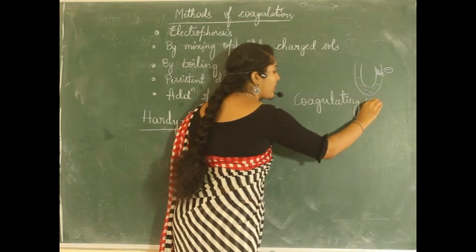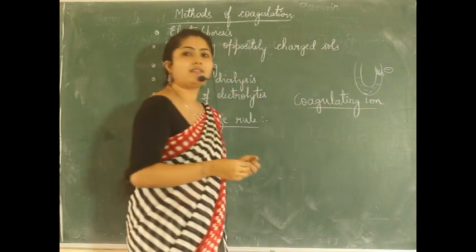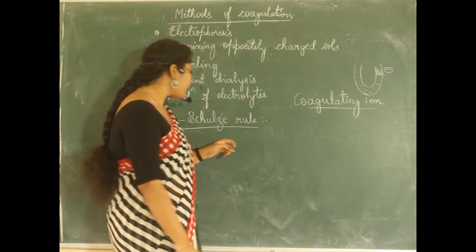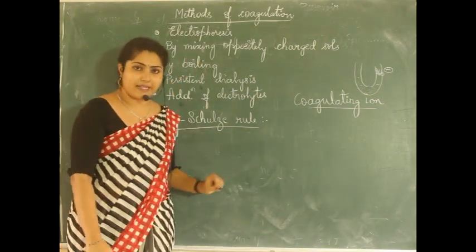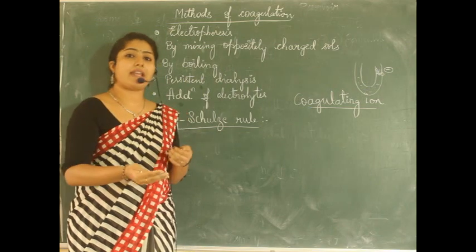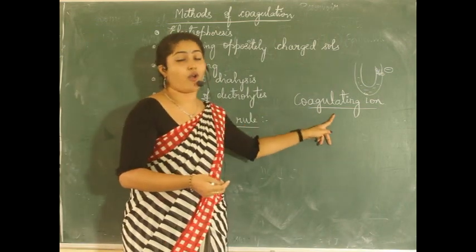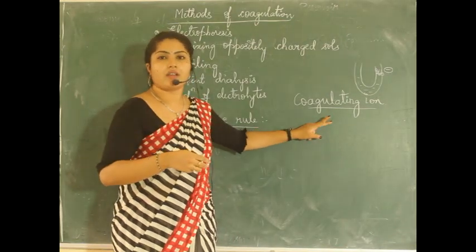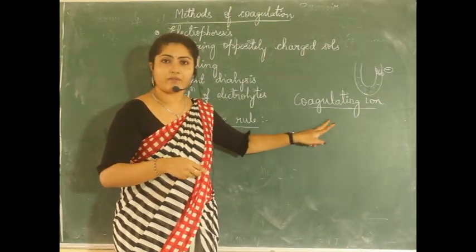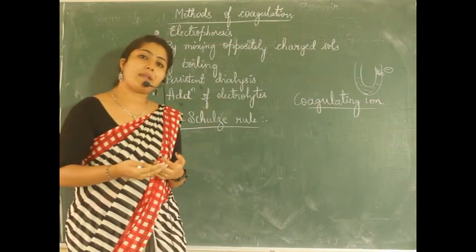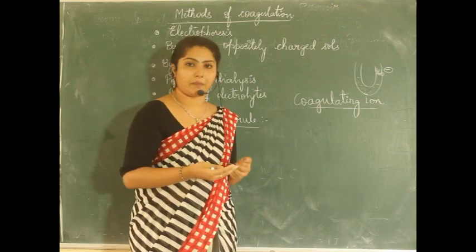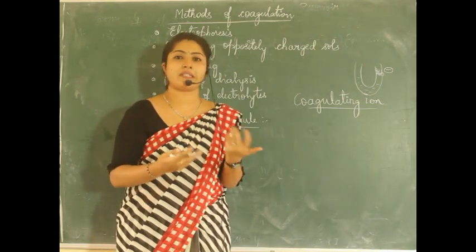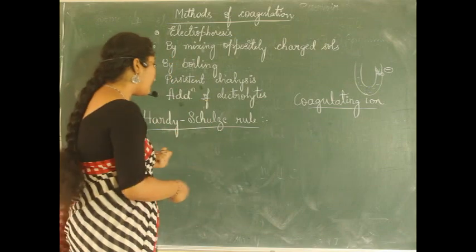What is a coagulating ion or flocculating ion? The ion that causes precipitation or coagulation. Now Hardy-Schulze rule states that greater the valency of the flocculating ion or coagulating ion, greater is its ability to cause precipitation. Are you getting the point? More the valency, more will be its ability to cause precipitation. Let me give you an example.